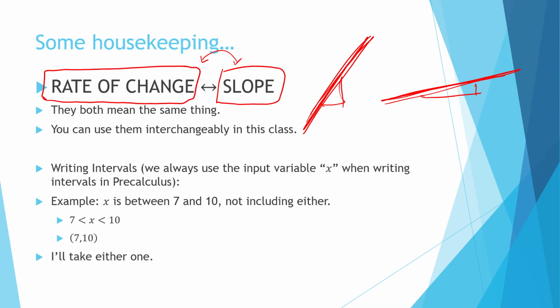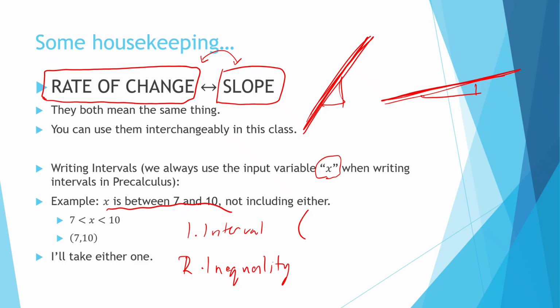Now the next thing is writing intervals. We will use the input variable x when writing intervals in precalculus. If we said x is between 7 and 10, not including either, we could use one of two types of notation. We can use interval notation, or we could use inequality notation.